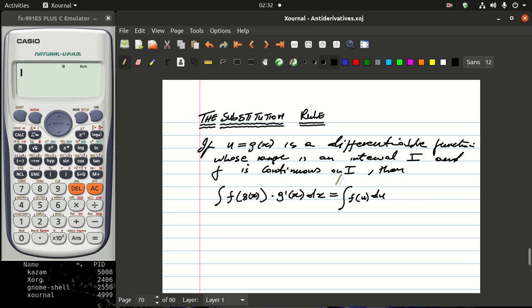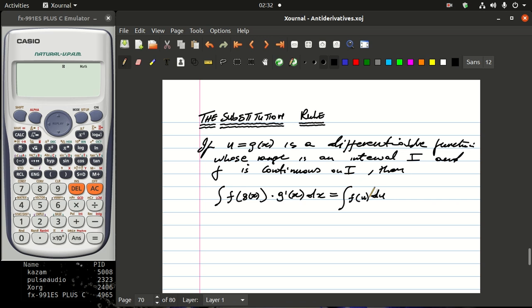So what we're basically doing here is replacing this by u and then replacing this whole thing by du. That is what is happening, because in most cases you'll find that the multiplication of two functions is not part of the integration table, but when we change the variables, this one becomes part of the integration table.